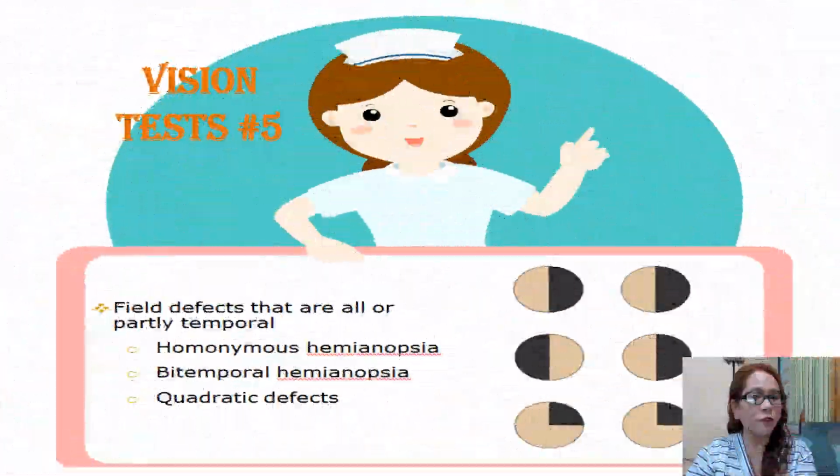After doing the peripheral test, okay, these are the field defects that are all or partly temporal. We have the homonymous hemianopsia, wherein it refers to a visual field defect that involves either two right or two left halves of the visual field of both eyes.